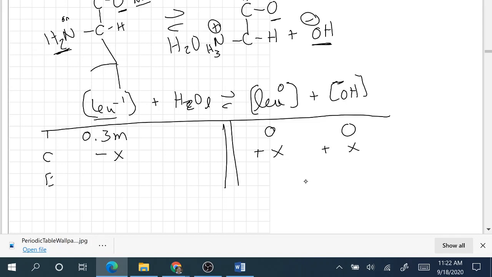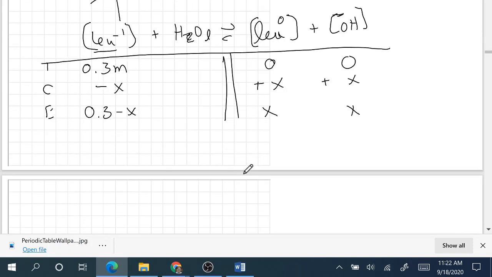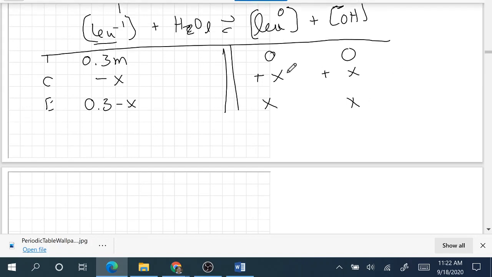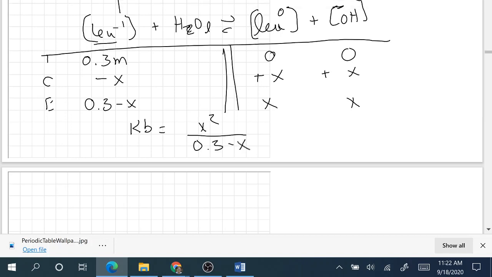Okay, and then we're going to have 0.3 minus X at equilibrium for what we've lost of the LEU minus 1, and we're going to have X and X representing our other two species, our products, and notice that X represents our hydroxide ion concentration. So we could set up a Kb expression where Kb is equal to X squared over 0.3 minus X, because we've got products over reactants.